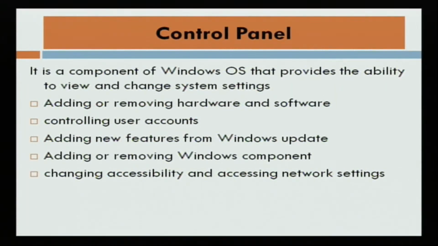We can control user accounts. We can add new features from the Windows update. If our Windows operating system has any update, we can add the new features using the control panel. Apart from this, we can add or remove any Windows component. At last, we can change the accessibility and the network settings too.